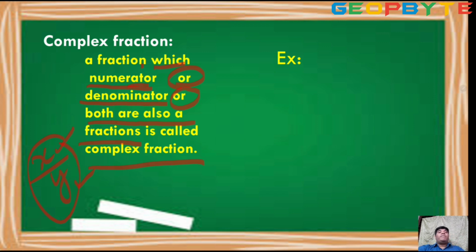It is a complex fraction. Suppose 5 by 7 whole by 10, or 7 by 6 by 10, or 5 by 10 whole by 6 by 15. This is a complex fraction. Okay, children.